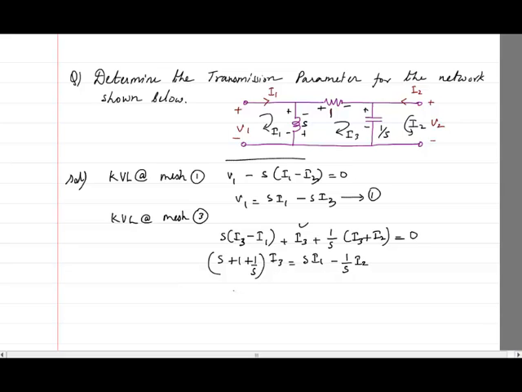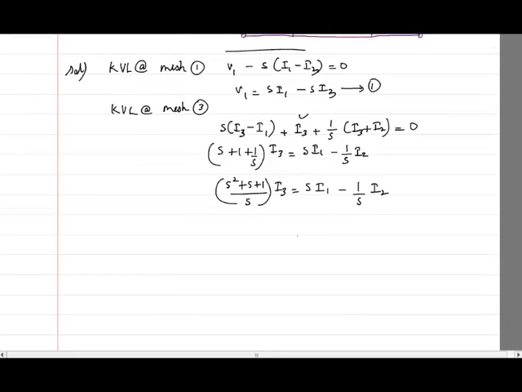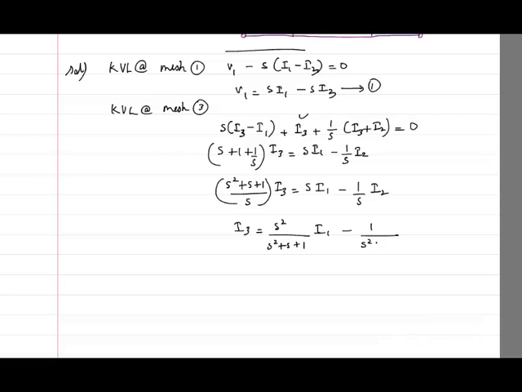This gets solved to (S square plus S plus 1) divided by S into I3 is equal to S I1 minus 1 by S I2, from which I3 will be S square divided by S square plus S plus 1 times I1, minus, S and S will cancel out, 1 divided by S square plus S plus 1 times I2.